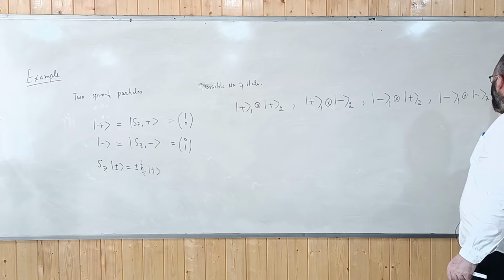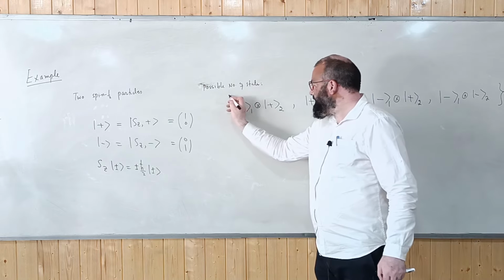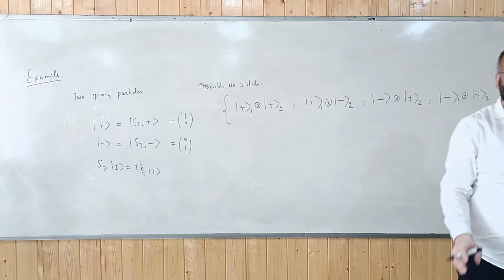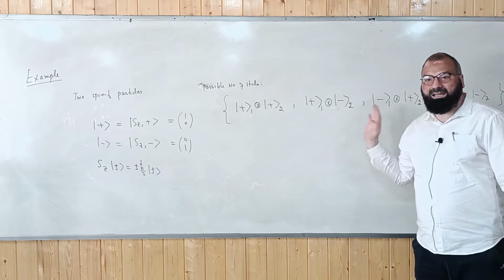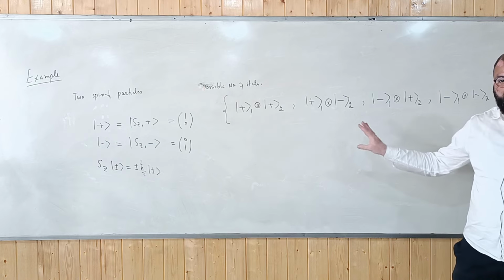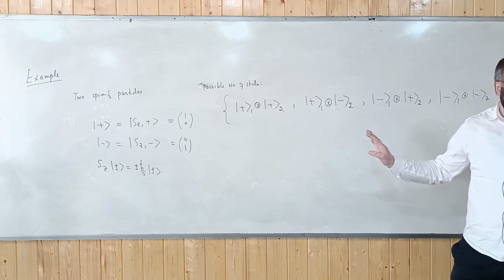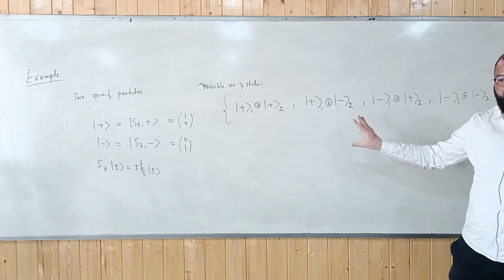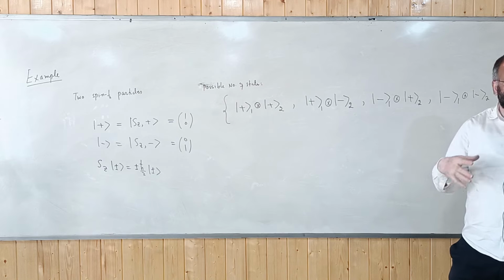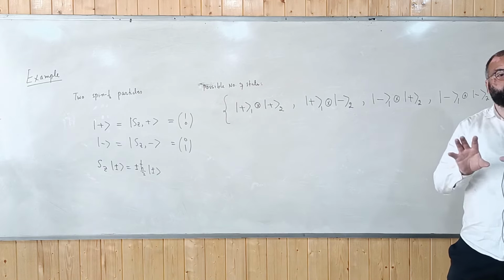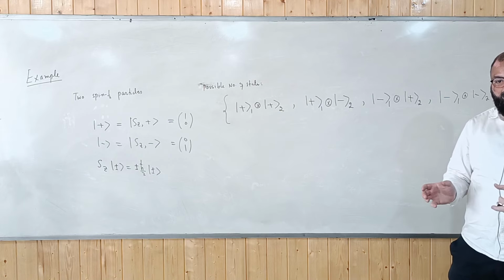So this represents our 4-dimensional vector space. All these 4 are linearly independent of each other: 4 possibilities, 4 linearly independent vectors. This describes our 4-dimensional vector space.